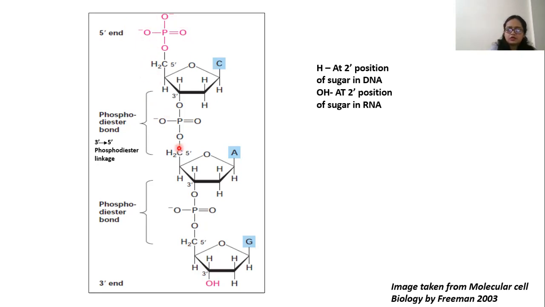You can see that these two ends contain different functional groups, and so they are different. So we can say that at the 5' position a free phosphate group is present, while at the 3' position a free hydroxyl group is present. So this is one polynucleotide chain of the DNA.